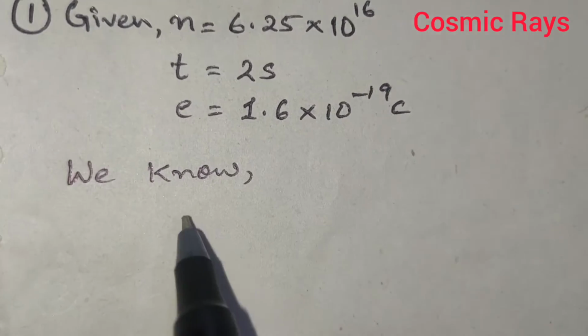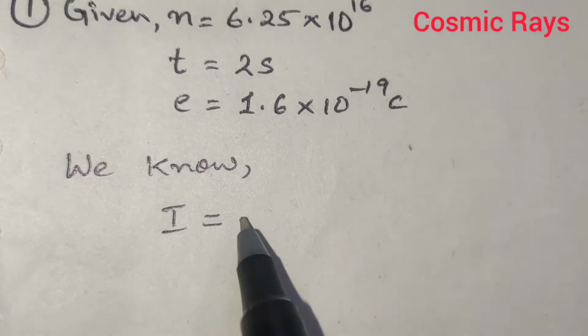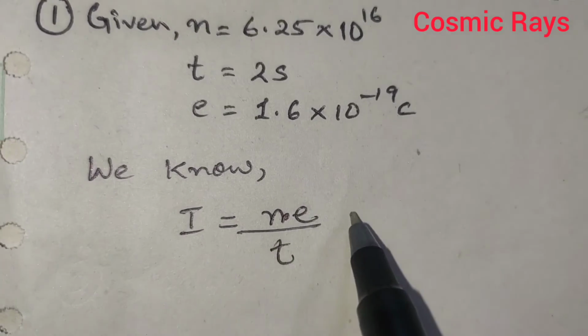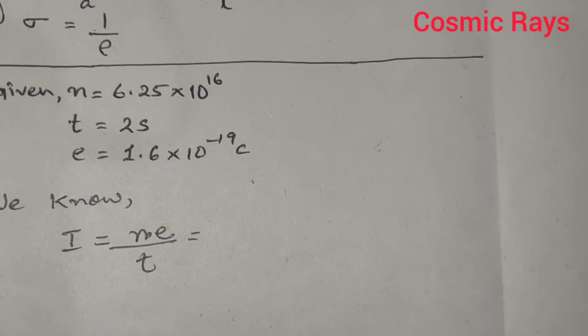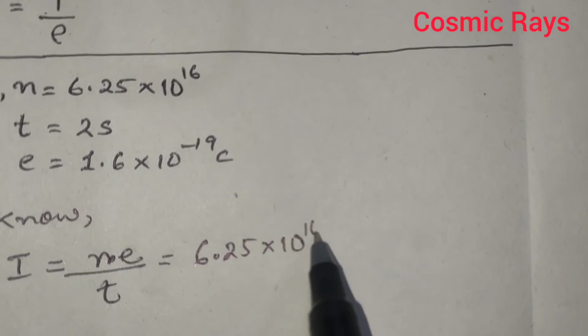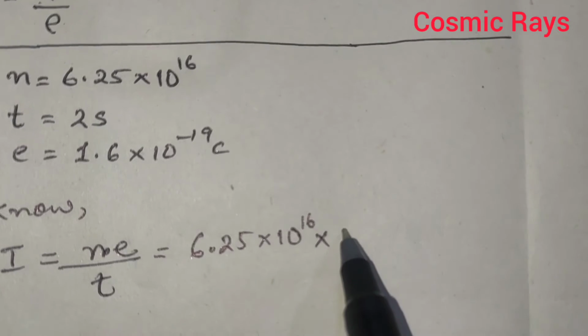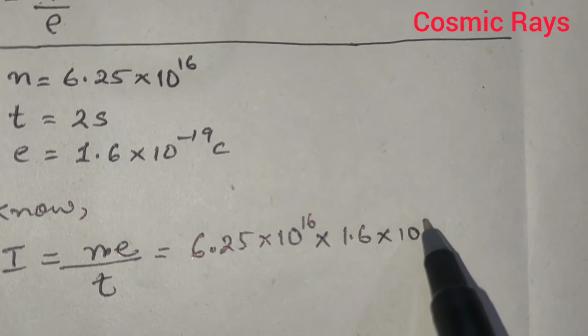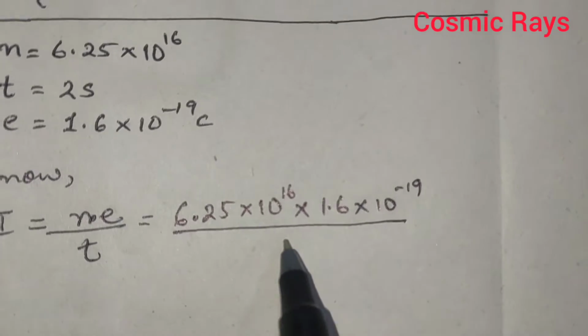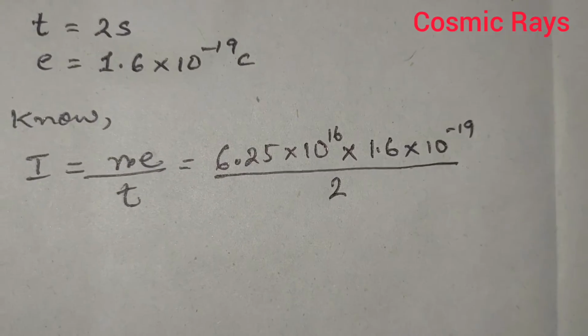We know I is equal to NE upon T. So the value of N is 6.25 into 10 raised to the power 16 multiplied by the charge on one electron, that is 1.6 into 10 raised to the power minus 19, divided by the time, that is 2 seconds.